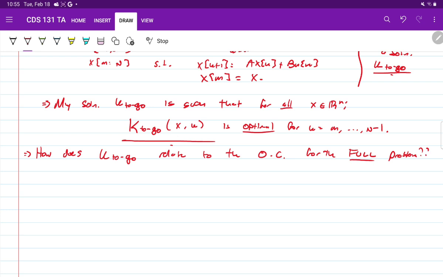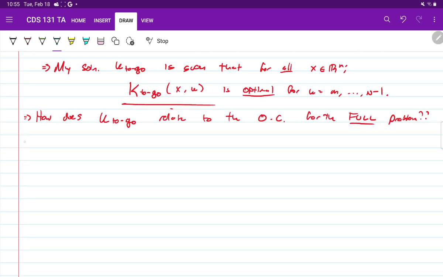Take a moment to think about whether you could figure out some sort of relationship between these two. Okay? All right, so I'll assume you've given some thought to this relationship between K to go and the existence of an optimal control law for the full problem. Here's what we're going to say.